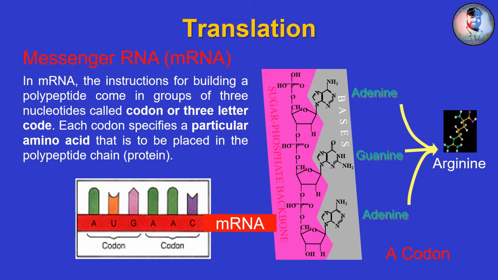In a messenger RNA, the instructions for building a polypeptide come in groups of 3 nucleotides called codon or 3-letter code. Each codon specifies a particular amino acid that is to be placed in the polypeptide chain.